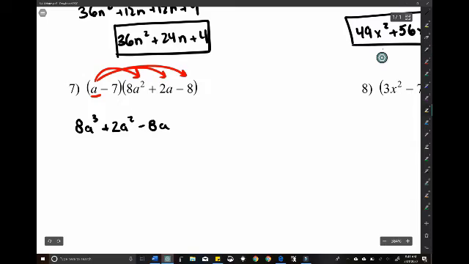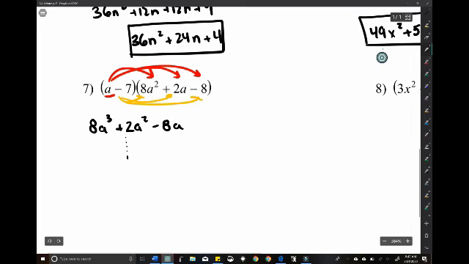Repeating the process with the next part, the negative 7, I like to write them underneath so everything's lined up. Negative 7 times 8 is negative 56a squared. Notice my a squareds line up, that'll make it nice for us. Minus 14a and plus another 56.